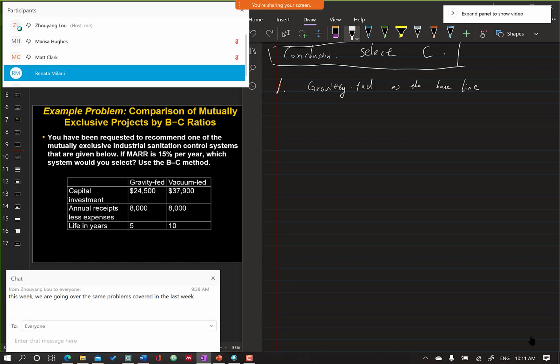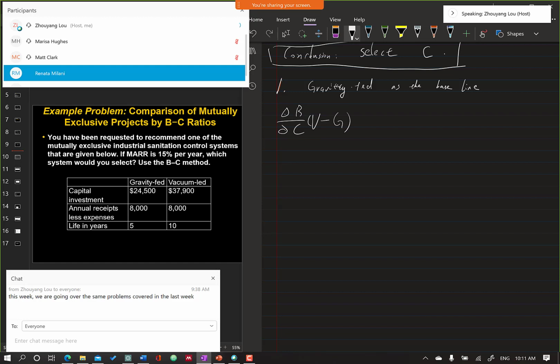And now we are going to calculate the incremental cost benefit ratio. Let's call the vacuum project V and gravity fed G.